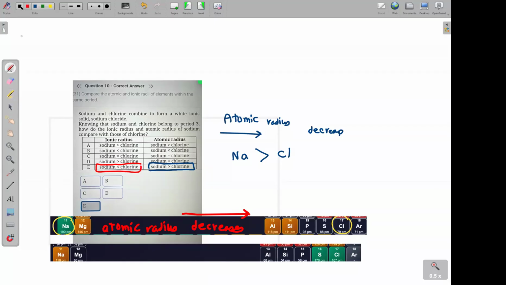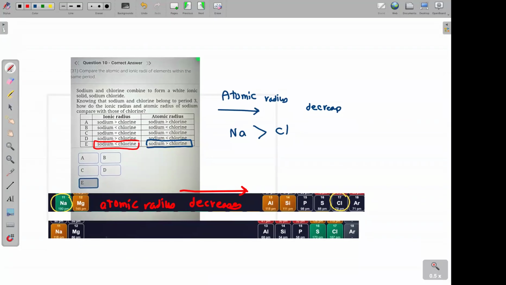It has a different trend. First, it decreases in metals. As long as you are in metals, it decreases, then it increases in non-metals. So this means that the non-metal, which is chlorine, was bigger than the metal, which is sodium.